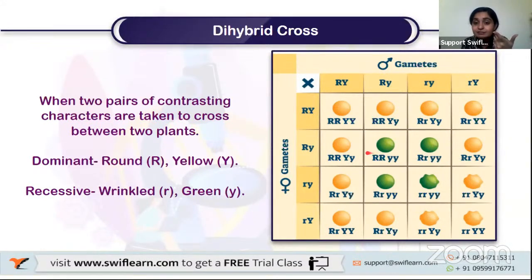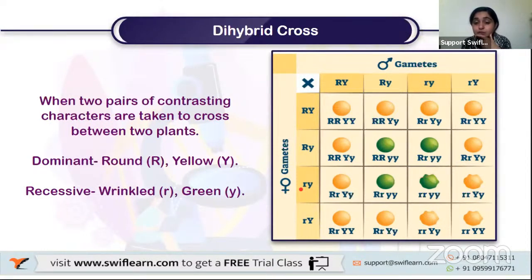Last one here, if we see R here is capital, but r here is small, but we have one capital R. Hence, we will get a product that is round. On the other hand, y here is small, but Y here on the top of the column is capital. So automatically yellow becomes more dominant than green. Hence, the product we got is round and yellow in color.